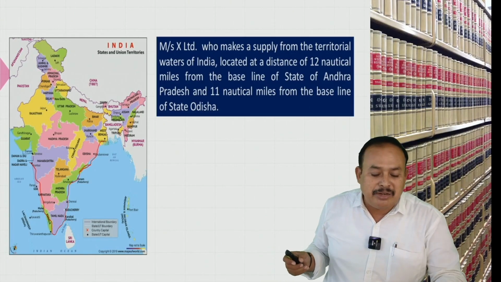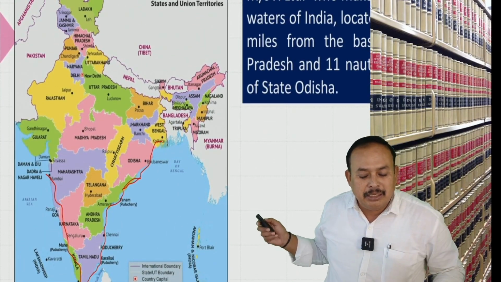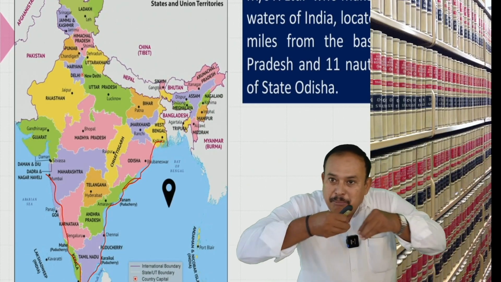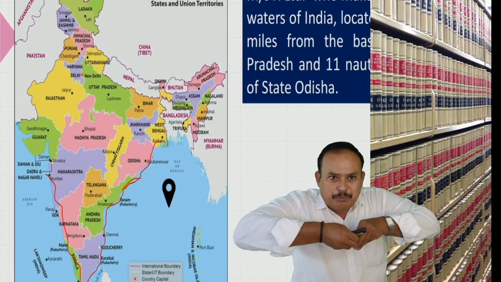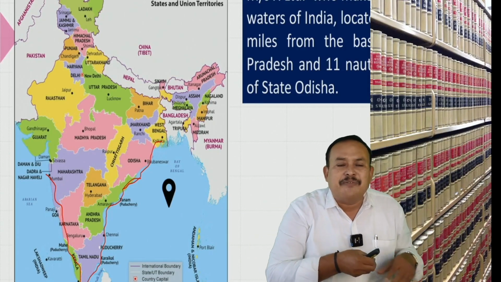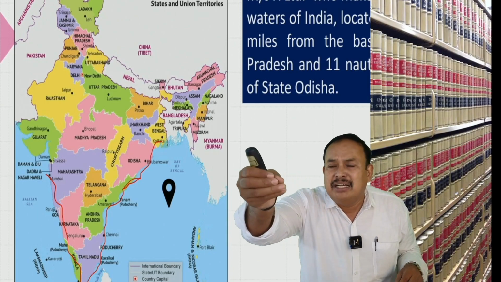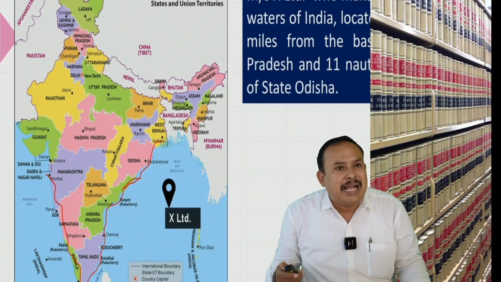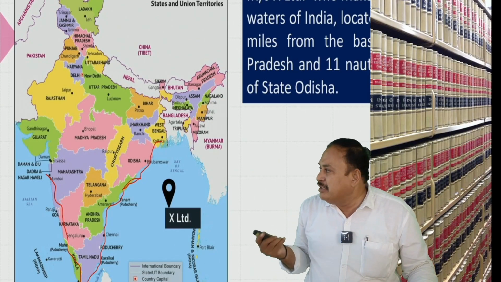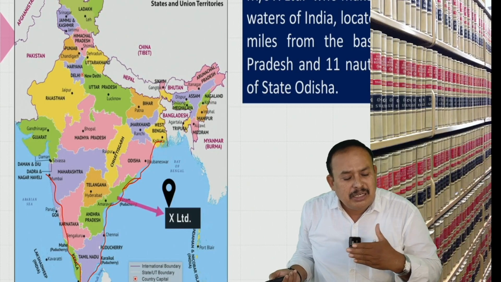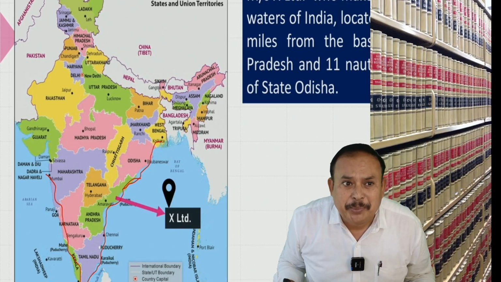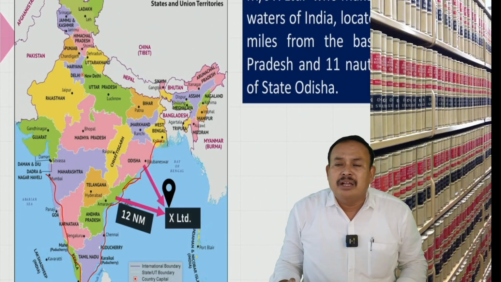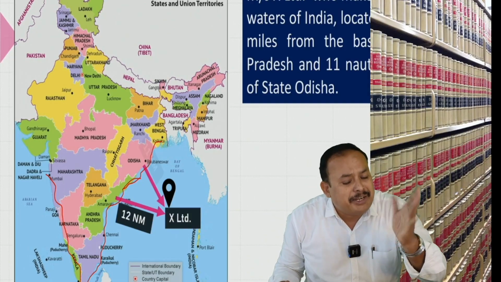I am basically located here, in the Bay of Bengal. From my oil rig or from my place of business to the state of Andhra Pradesh and to the state of Odisha, look at the distance. X Limited has its place of business in the ocean. From there to the coastal area of Andhra Pradesh, 12 nautical miles. To the coastal area of Odisha is 11 nautical miles.